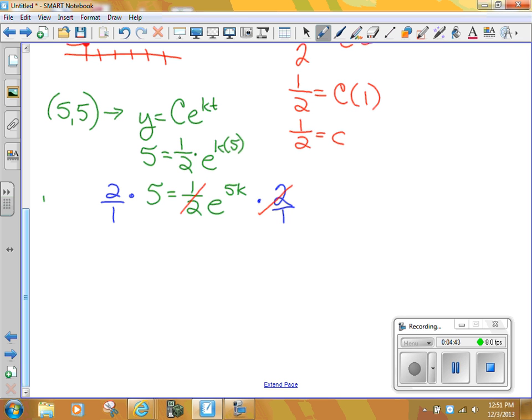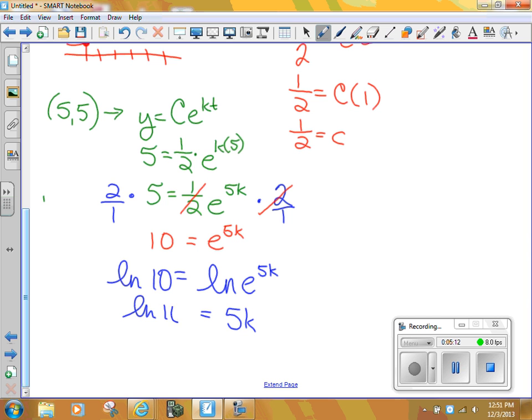They cancel out, and I'm left with e^(5k) = 10. Now what? How do I undo e? Natural log, and I do that to one side, I have to do it to both sides. And what is the natural log of e to the 5k power? 5k is equal to the natural log of 10.